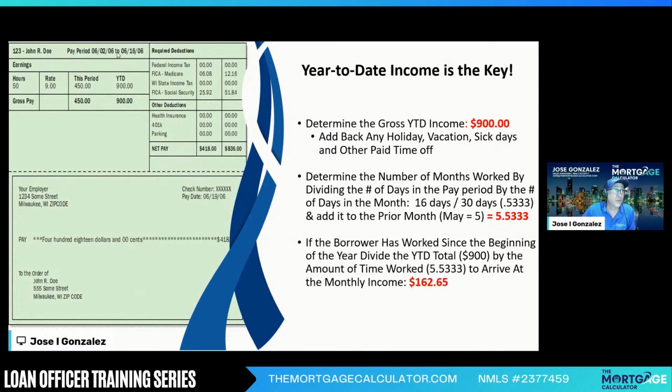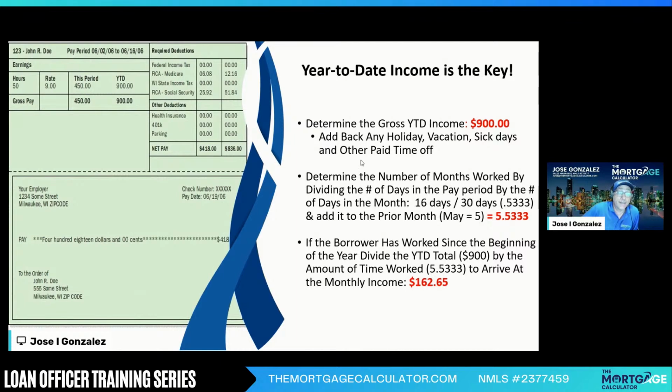So we know it's 6/16 is the pay date, right? So that's for income activity through almost half of the month, right? So what do we do here? Well, first we determine the gross year-to-date income. In this case, $900.